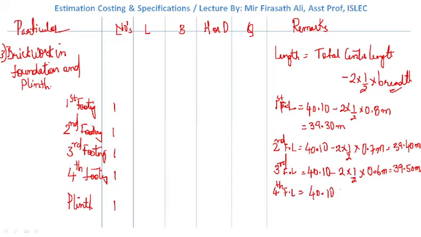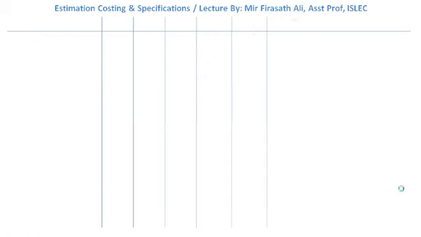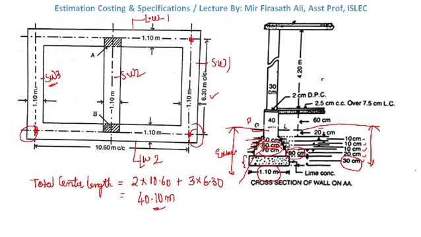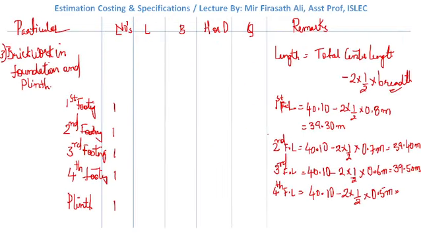Fourth footing: 40.10 minus 2 into 1 by 2 of 0.5 meters. If you look into the diagram or the figure, the fourth footing breadth is 0.5 meters. So if we calculate this, we get 39.60 meters. Last but not the least, we have the plinth.